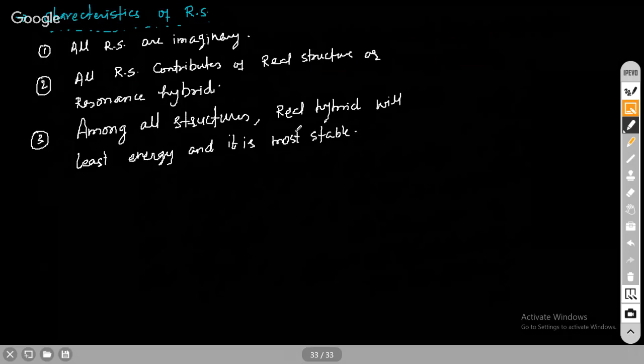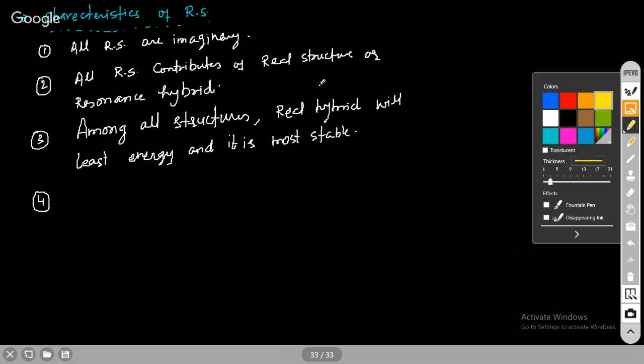That is why the actual molecule exists in real hybrid form. Okay, most stable. What are these RS contributors? I will discuss this. First you write down all these properties. Real hybrid, we will use RH for this term.